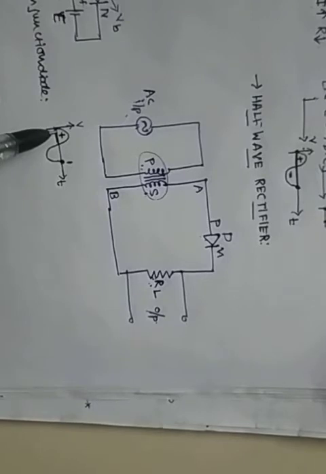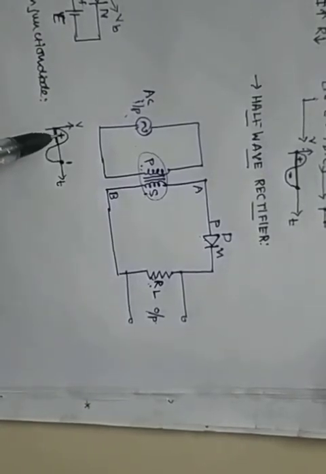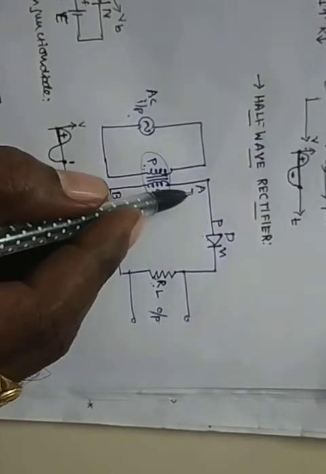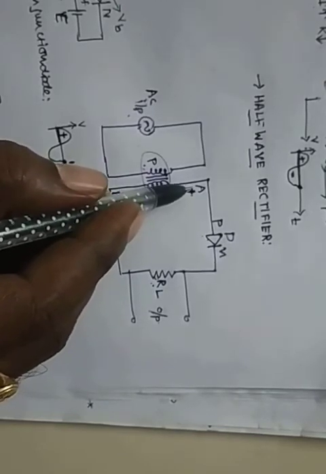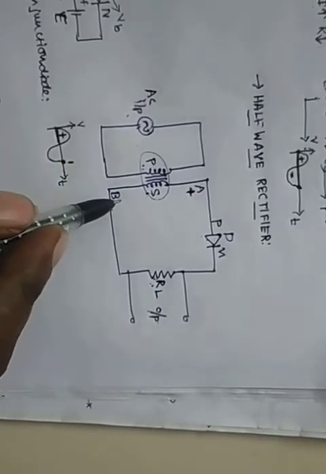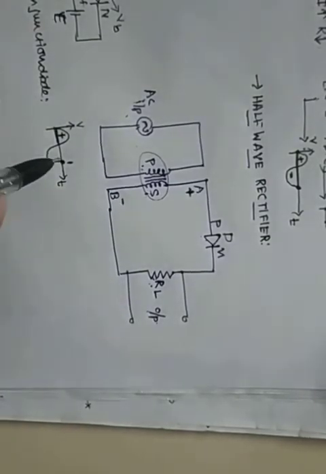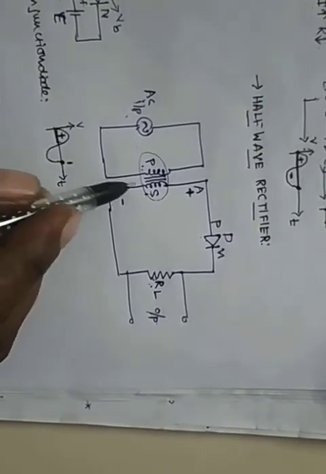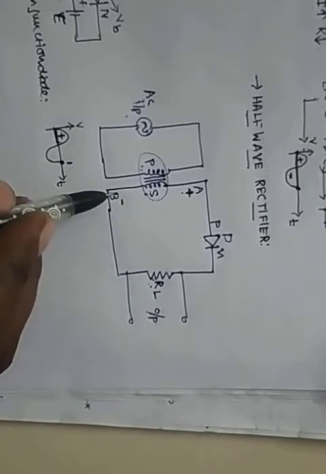During the positive half cycle of the AC input, the terminal A becomes positive and the terminal B becomes negative.